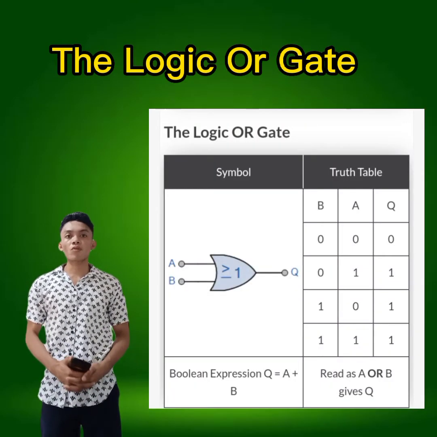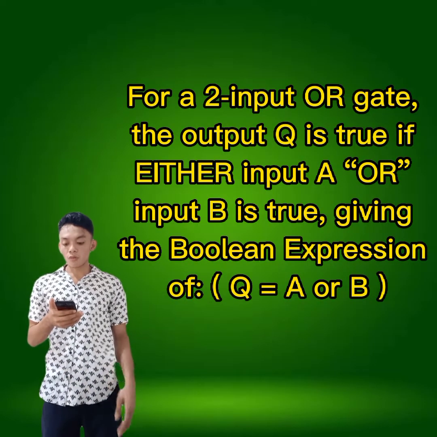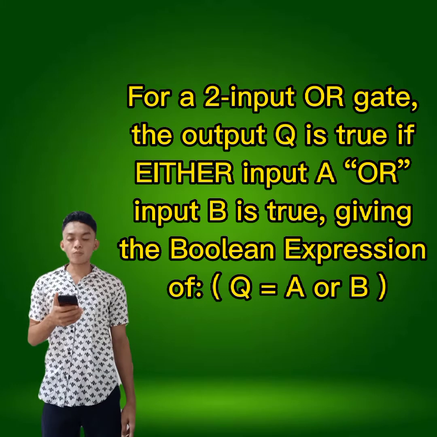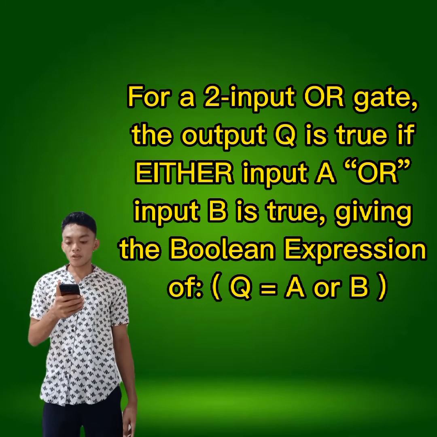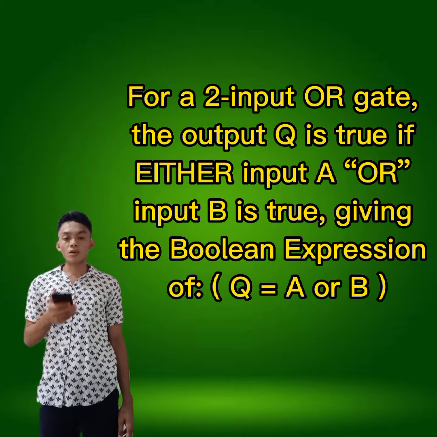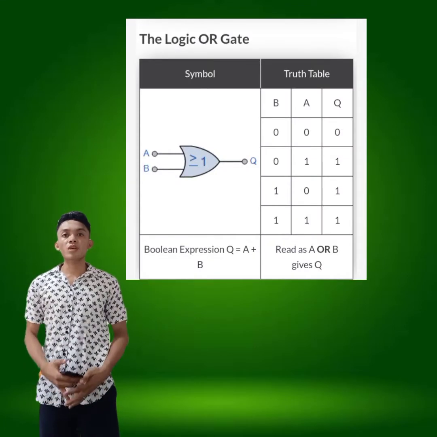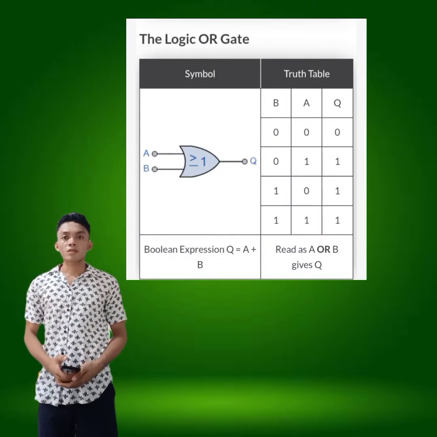Okay, so the next is the logic exclusive OR gate, or XOR. So for a 2 input XOR gate, the output Q is true if either input A or input B is true, but not both. So this is the symbol and the truth table of the gate.